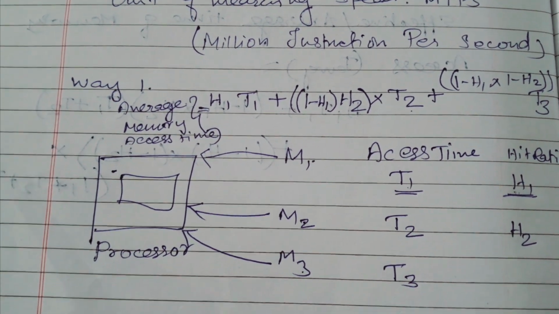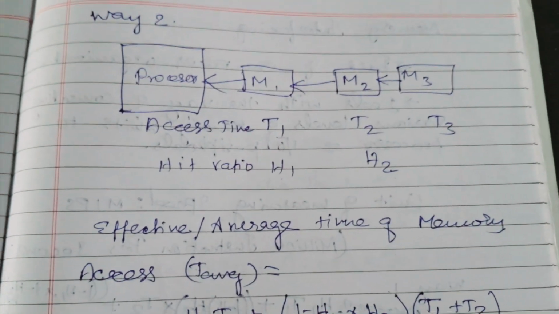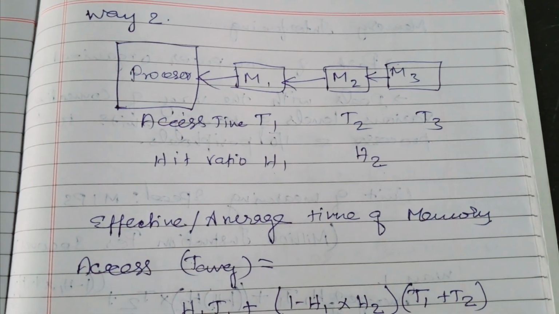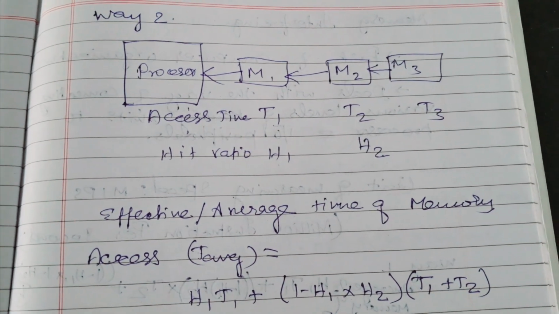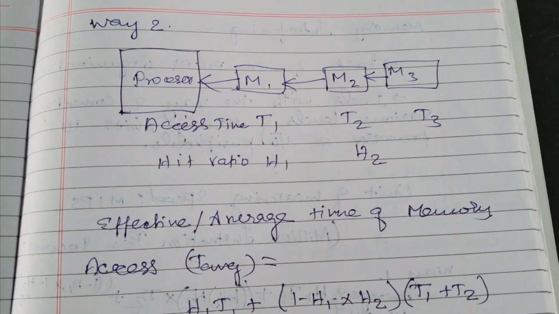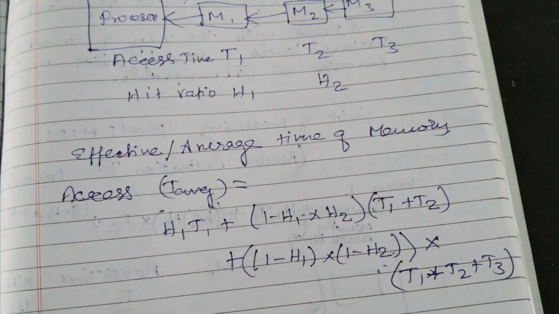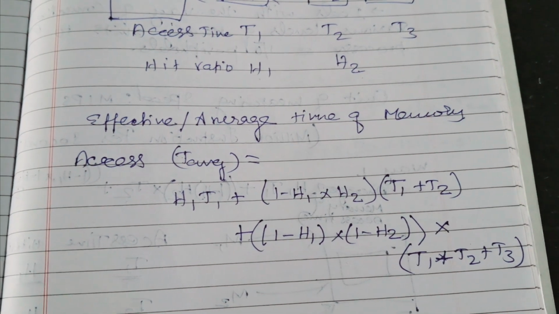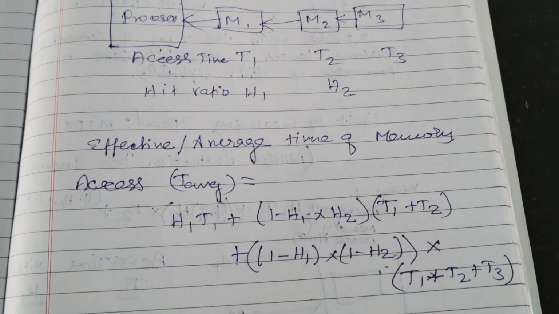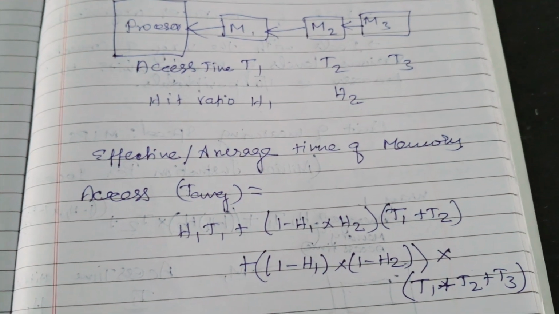The second way we can calculate is by connecting the memories serially to the processor. So we take access times T1, T2, T3 and hit ratios H1, H2. The effective access time of memory access, T average, is equal to H1 T1, directly multiplied.